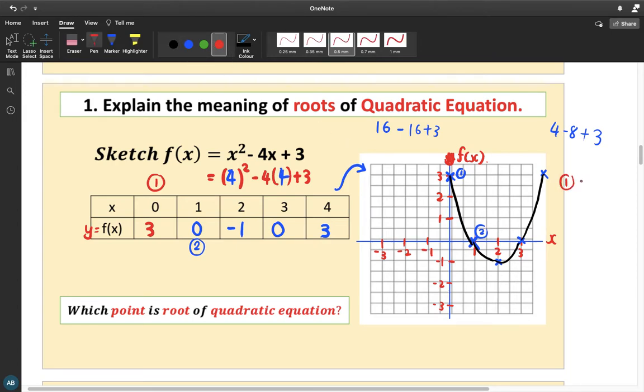Okay, first dia adalah smiling graph. So, dia punya A is positive. Okay, so what about the y-intercept? Do we have any y-intercept right here? Yes, we do have y-intercept right here. So, the y-intercept, y-int is 3.